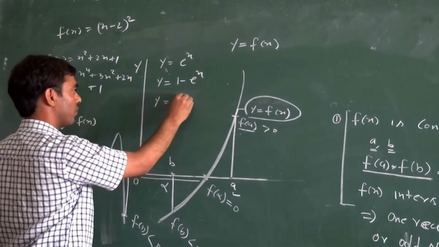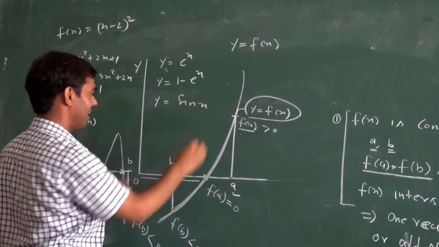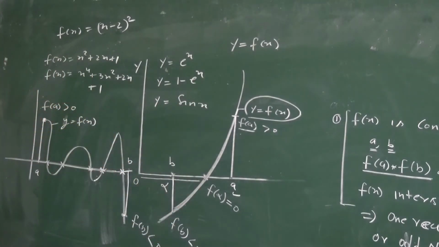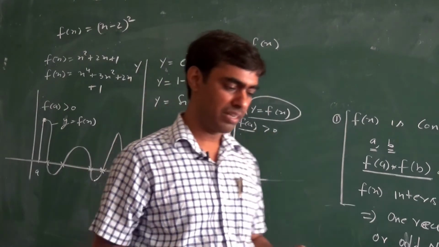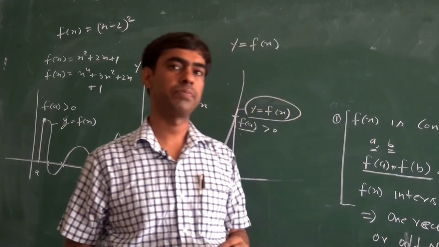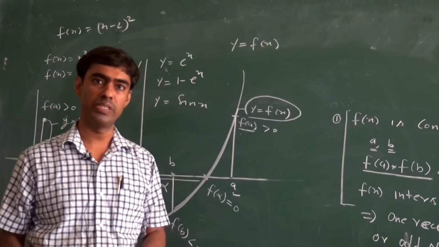Similarly, we write y equals sin x, and as we know, sin x intersects the x-axis at an infinite number of points. So here we give a brief overview of algebraic and transcendental equations.